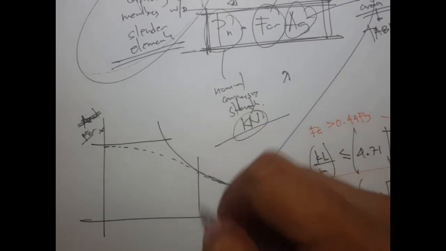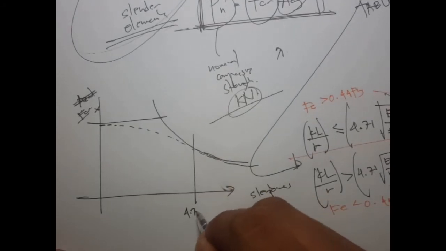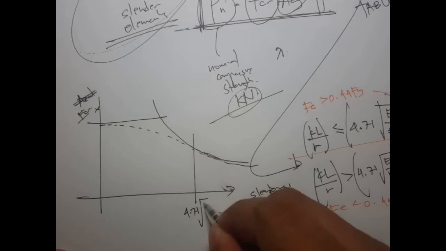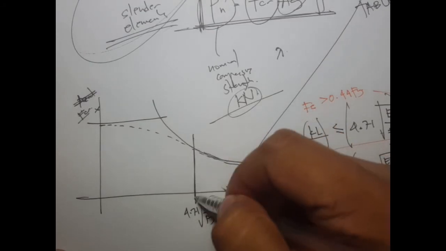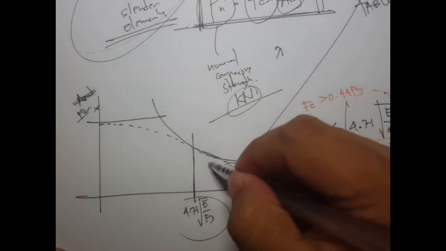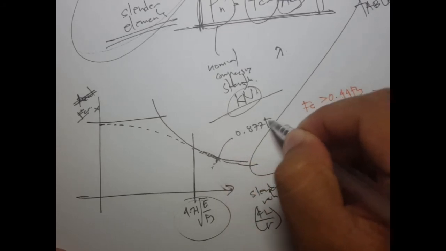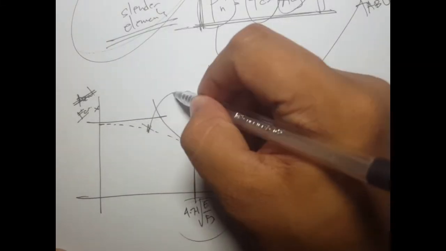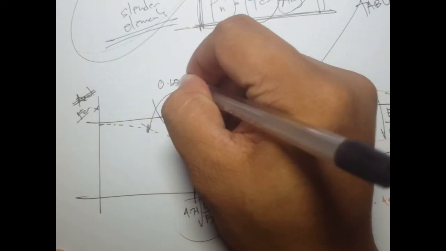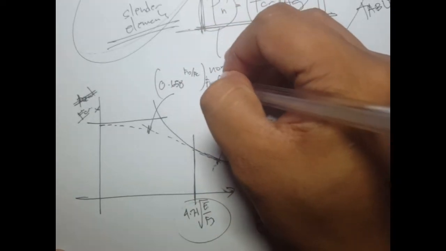If we apply this limiting value, 4.71 square root of E over Fy, and we are beyond this value, then our equation is 0.877 Fe. And if you are below this, or less than or equal to 4.71, then your equation would be 0.658 raised to Fy over Fe times Fy.